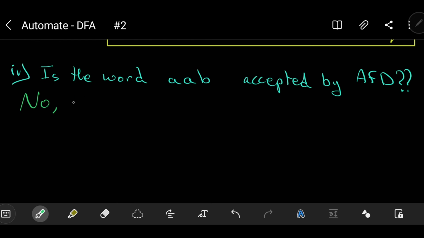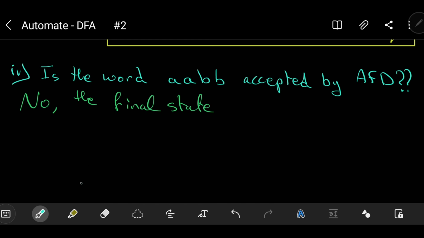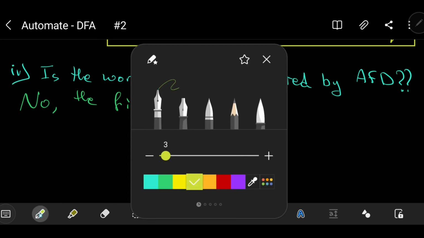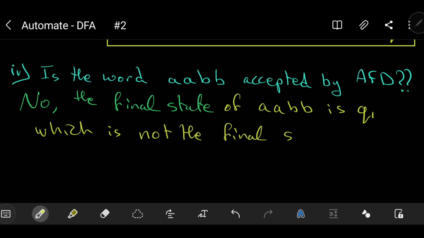The word AABB is not accepted by the DFA, because, as I told you, these inputs lead us to Q1, which is the first state, and it is not the final state as we have seen before. It's simple. This question is simple.